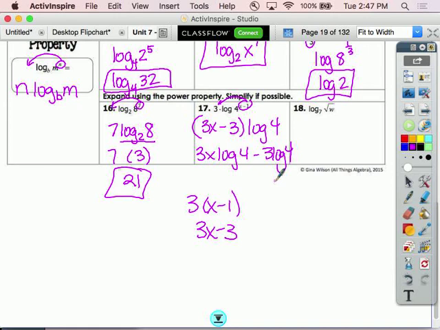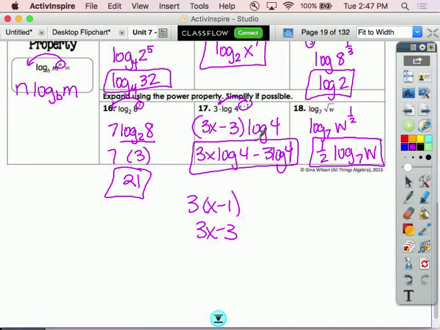Remember I said when we see fraction exponents, we should think radicals. When we see radicals, we think fraction exponents. The square root of w can be written as w to the 1/2. So then we bring our exponent down to the front. Final answer.